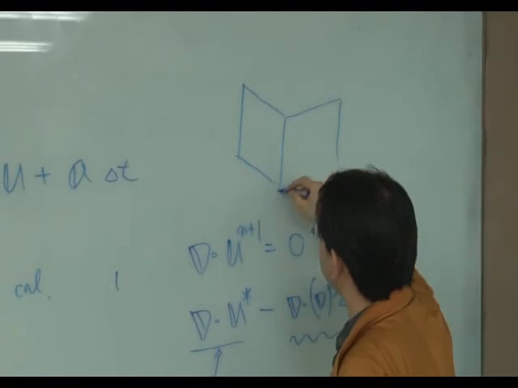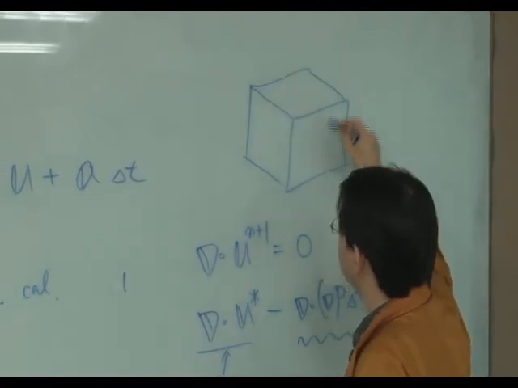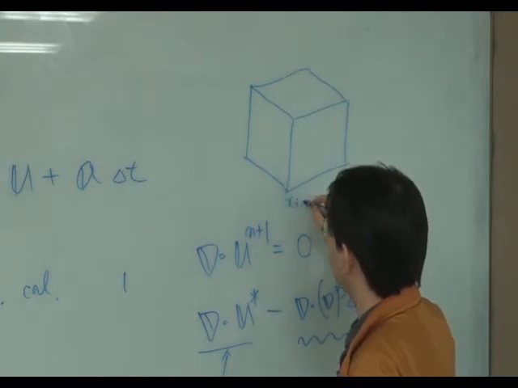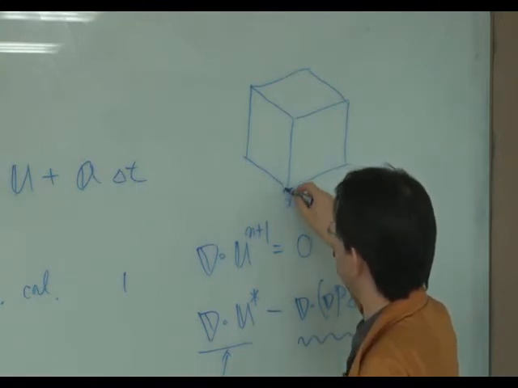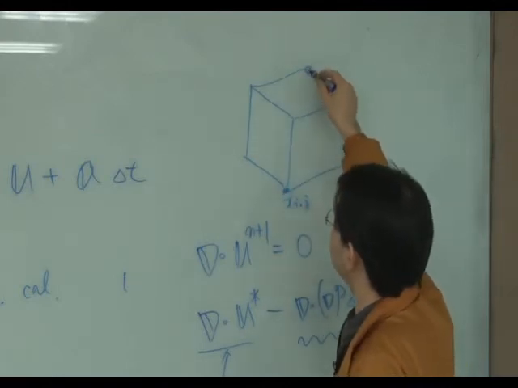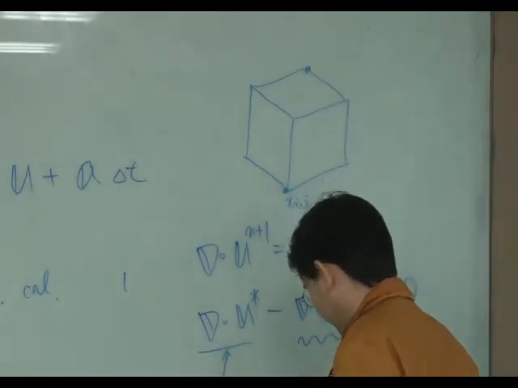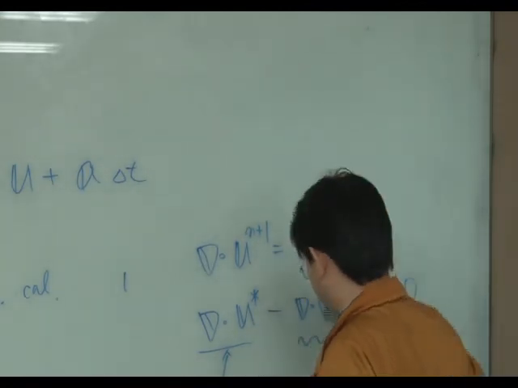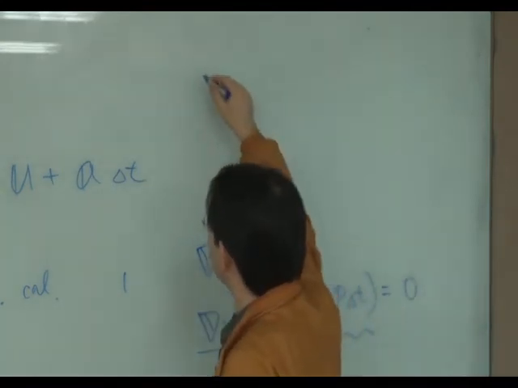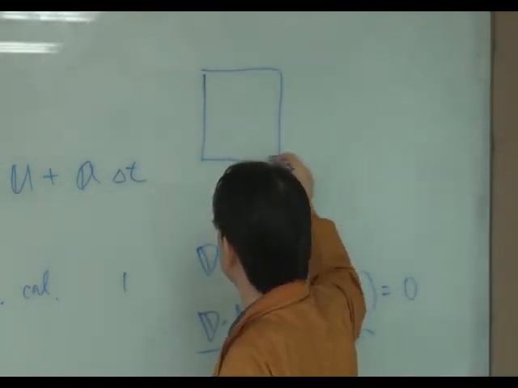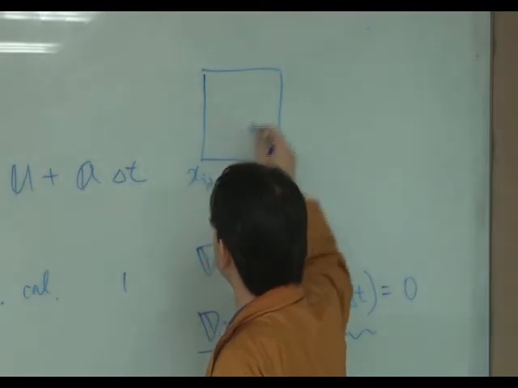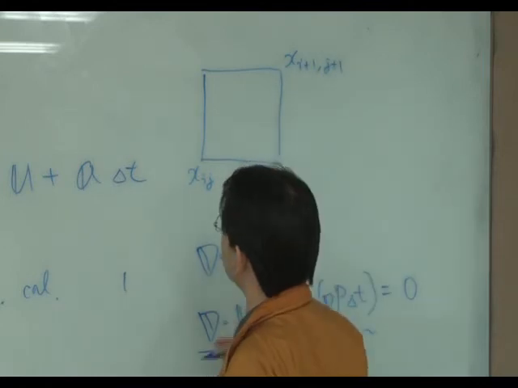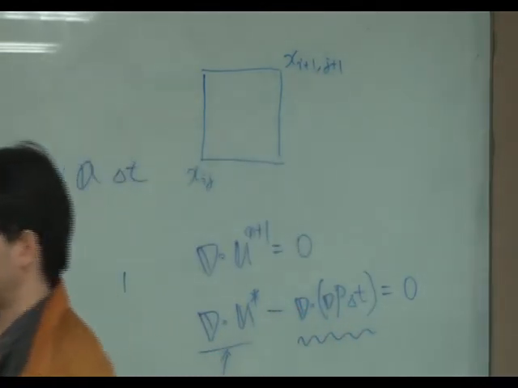We consider the primary control volume. This vertex is xij, and, I'm sorry, the present problem is two-dimensional, so the condition is xij and xi plus 1, j plus 1. This is the present control volume.